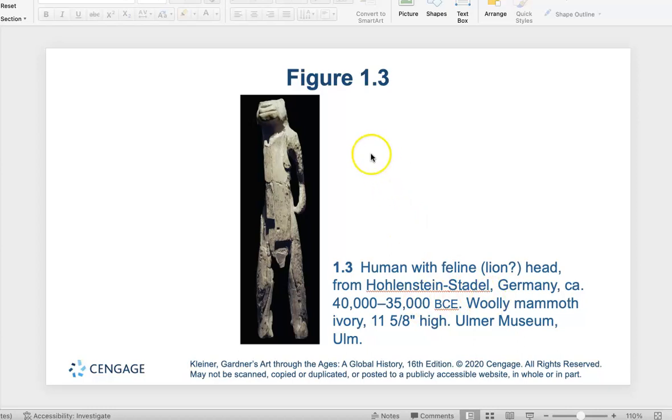Okay, I don't know, but I think it's worth considering that possibility, right? And if that is a serious possibility, that what we're really looking at is some kind of shaman dressed for a religious ceremony, what are the implications of that?